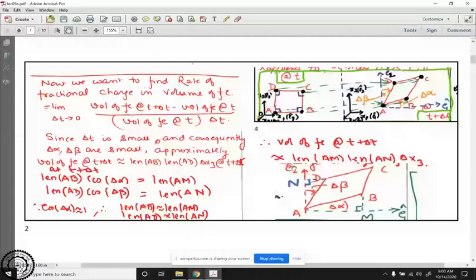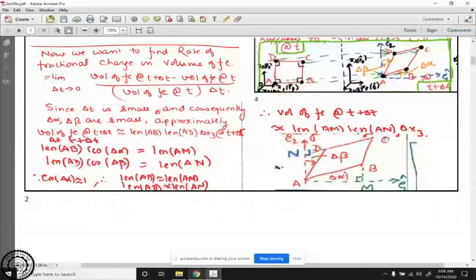Okay, so this is the volume. This is how we are going to approximate the volume: length AM, length AN, delta x3. So the next job is to find length AM and length AN. Length AM, this we did yesterday also.